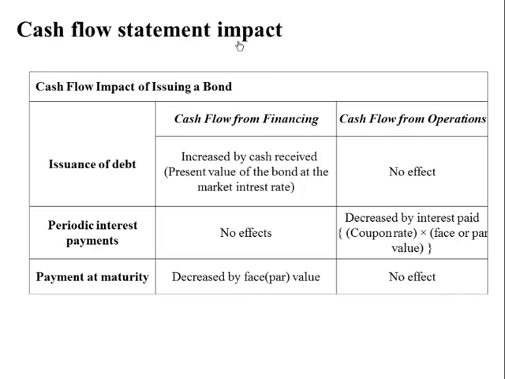So we can summarize the cash flow impact of issuing debt as the cash flow from financing will increase by the price of the bond or the present value of the bond at issuance. The subsequent coupon payments would be accounted for as a cash outflow from operations, and the repayment of face value or par value at maturity will again be taken as a cash outflow from financing.